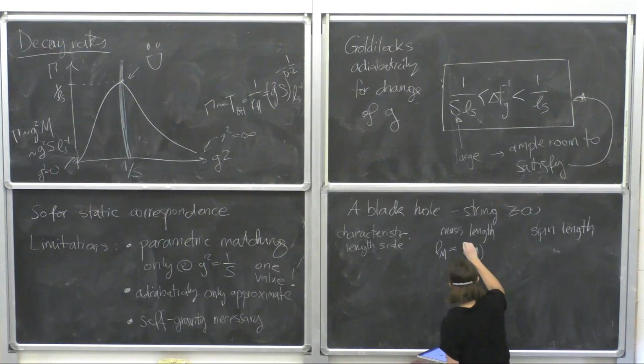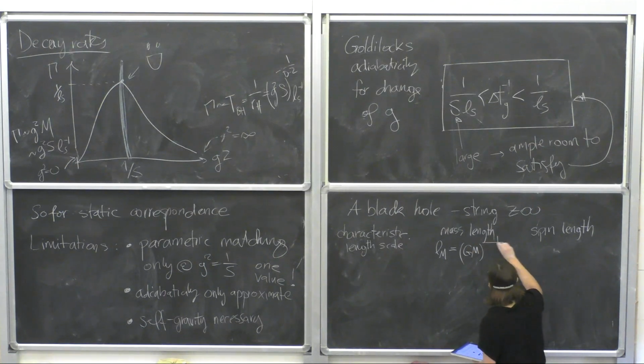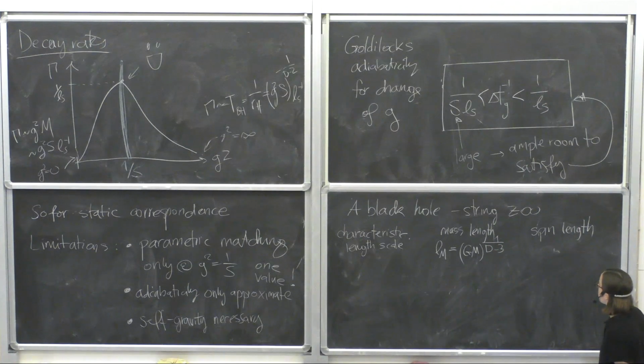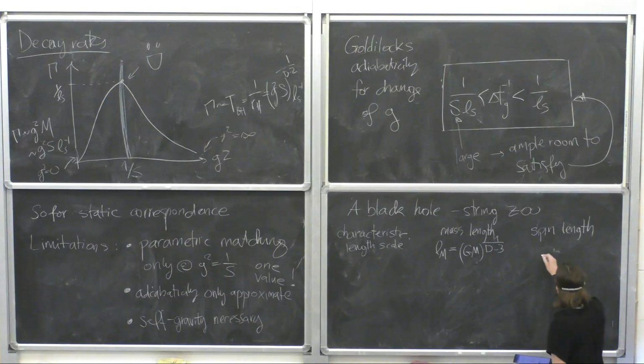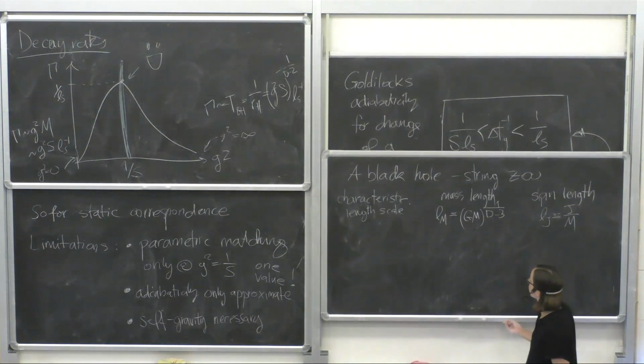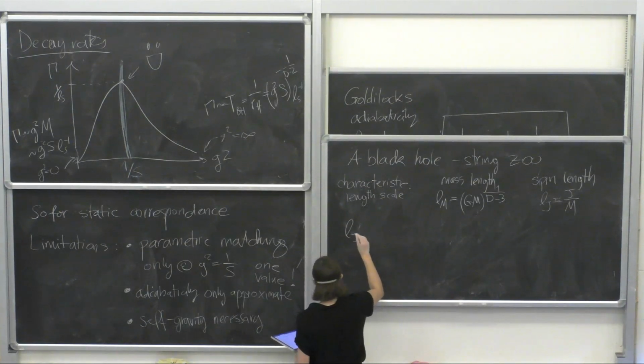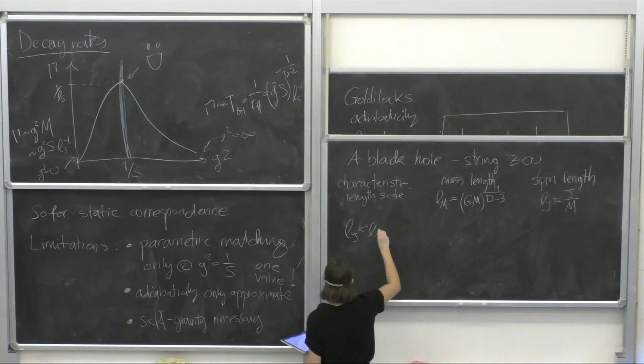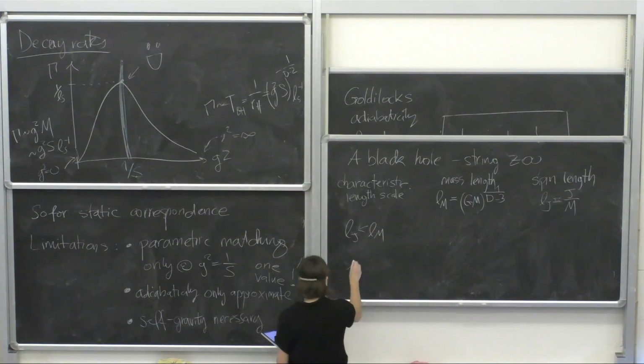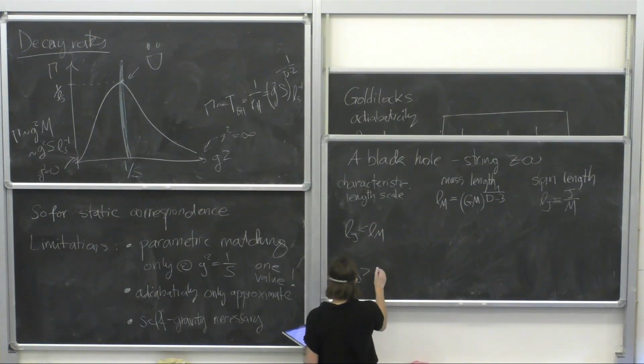There will be some factor of GM, and then in d dimensions, sprinkle these factors of d. So it depends on the mass. And then there's the spin length, which involves the spin. Now I can look at two different regimes. One is where the mass length dominates, so it's bigger than the spin length, and then one where the spin length dominates.